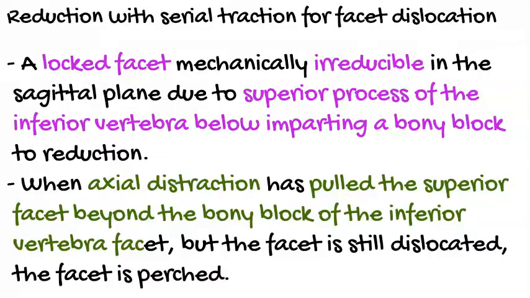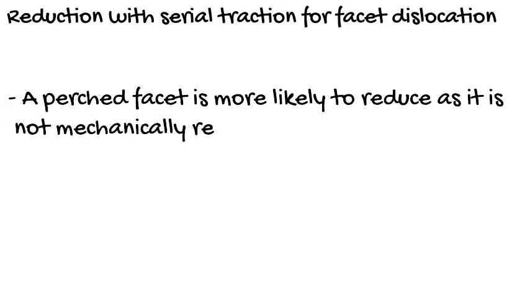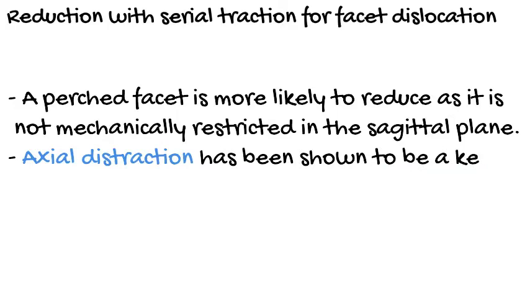The facet is perched, meaning it is resting on top of each other and more likely to be reduced. A perched facet again is more likely to reduce as it is not mechanically restricted in the sagittal plane.